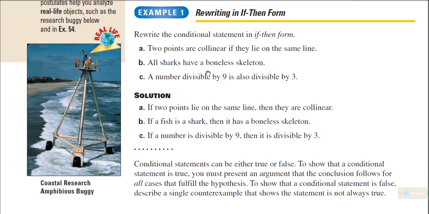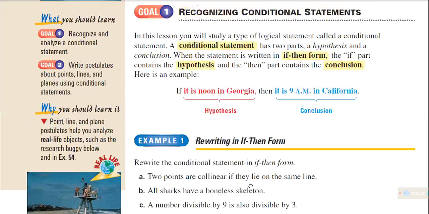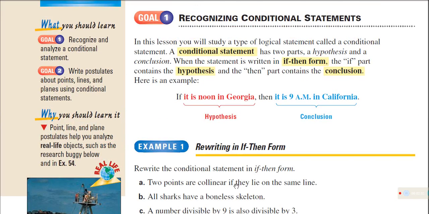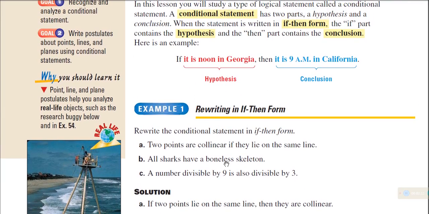Now, let's cite some examples. Rewrite the conditional statements in if-then form. So, 2 points are collinear if they lie on the same line. So, dapat dito yung if ay nasa unahan, then conclusion. So, for our solution, if 2 points lie on the same line, then they are collinear.